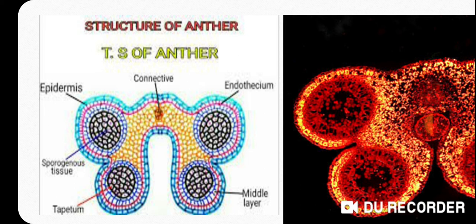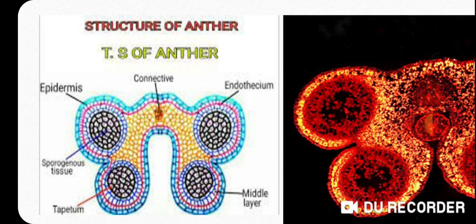These cells are called stomium, where the endothelium is thin-walled. The stomium helps in the dehiscence of the anther. The endothelial layer becomes hygroscopic due to the development of fibrous bands. They play an important role in anthesis.